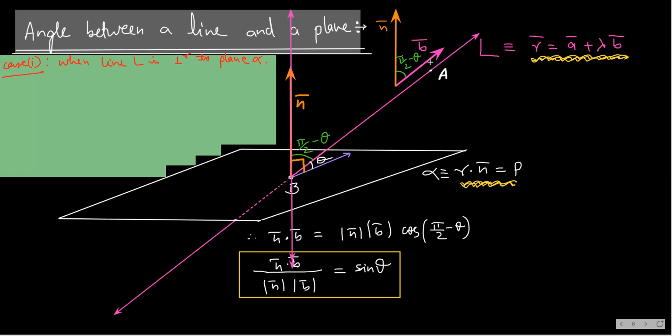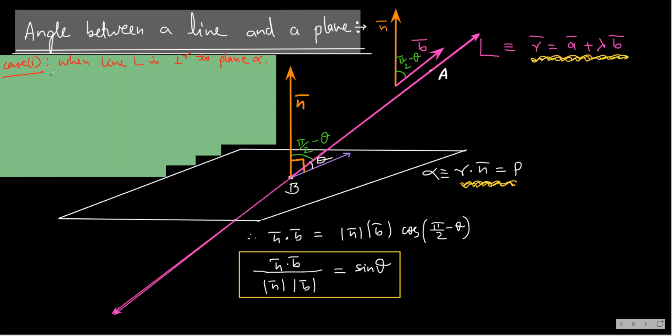So what will happen? That b bar will come along the line, and it will become parallel to n bar. You understand? B bar will become parallel to n bar. That is important. So here is case one. What have I written? When line L is perpendicular to plane alpha.